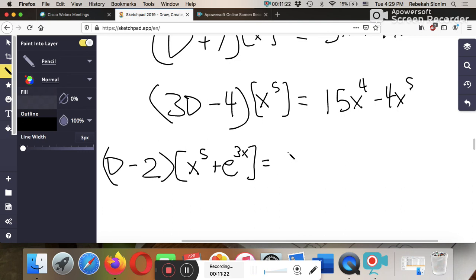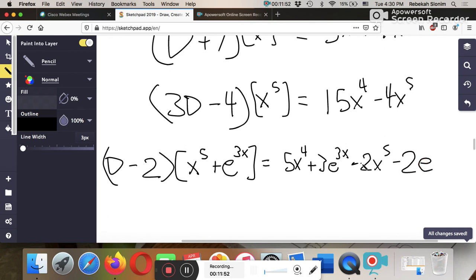But we're going to take the derivative first, so that's going to be 5x to the fourth plus 3e to the 3x minus 2 times x to the fifth minus 2e to the 3x. We're not taking 2 times the derivative, just 2 times the original function here.